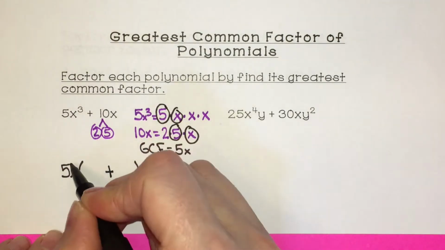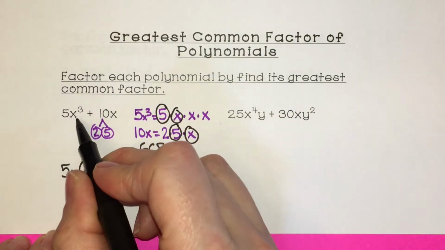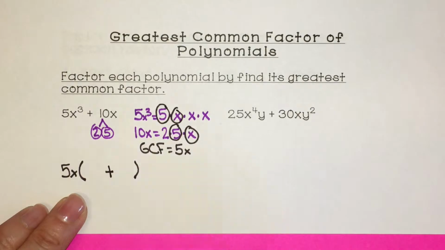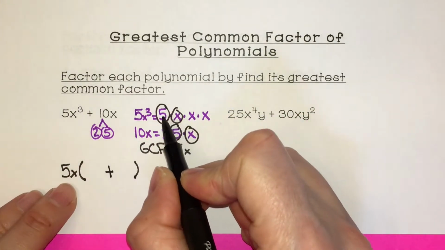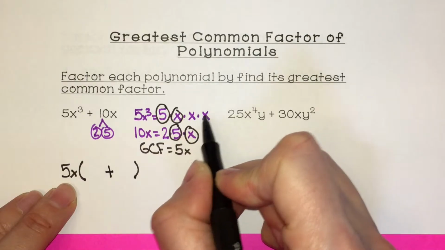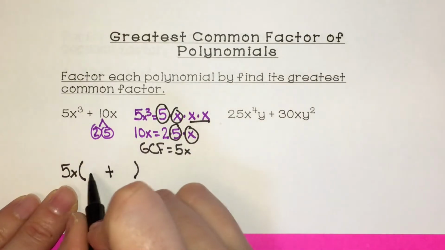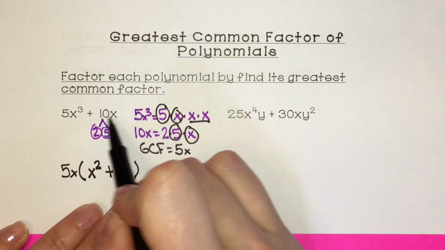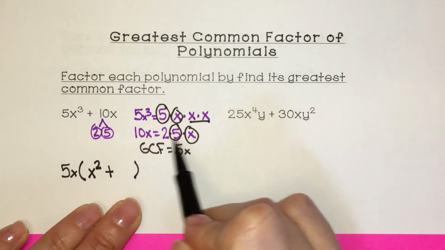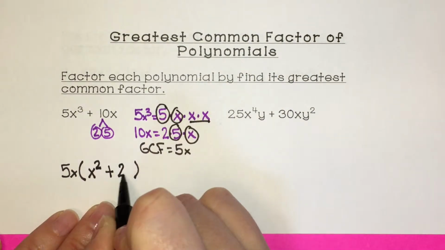So if we remultiply, we will get 5x cubed plus 10x. For 5x cubed, when I factored out 5x, I'm left with x times x, which is x squared. In 10x, when I factored out 5x, I'm left with 2.